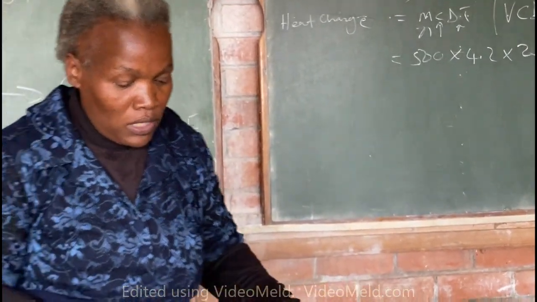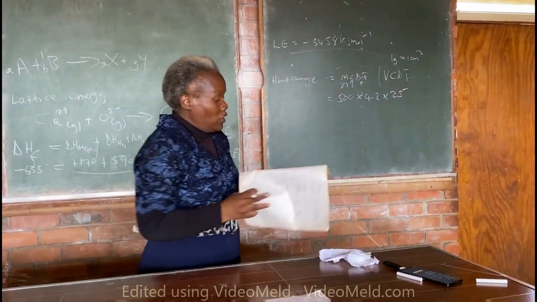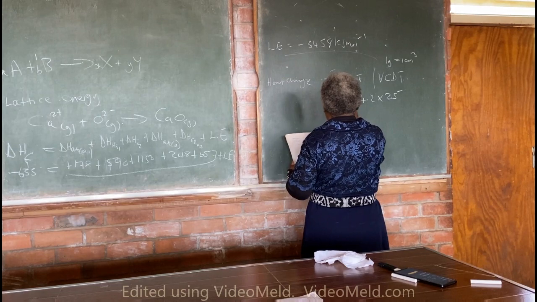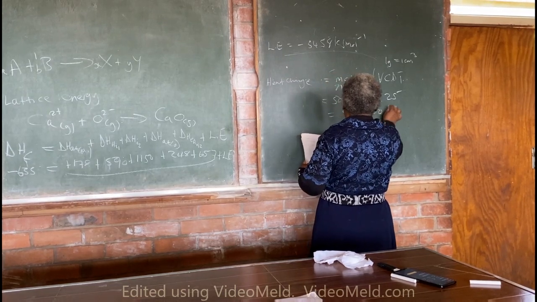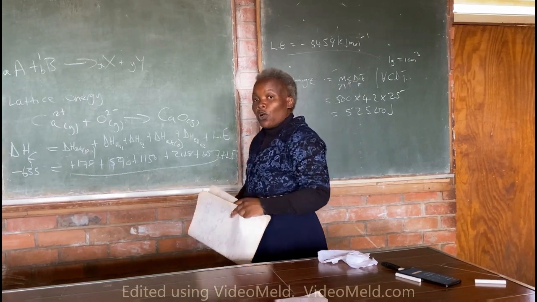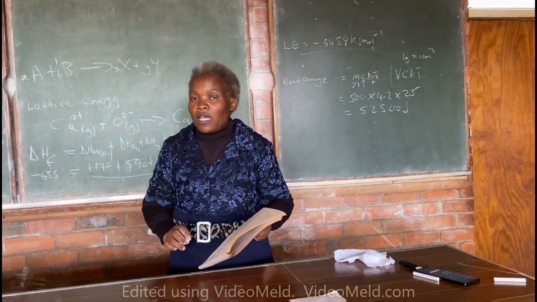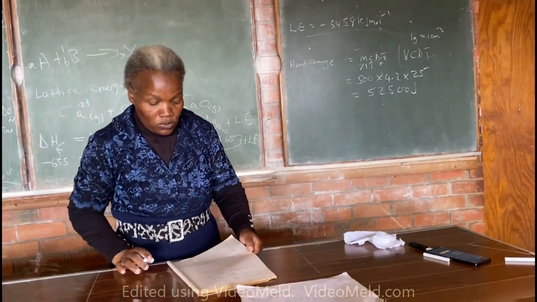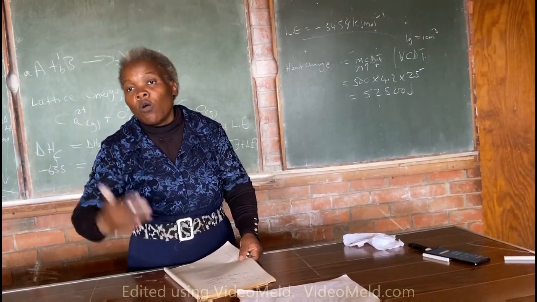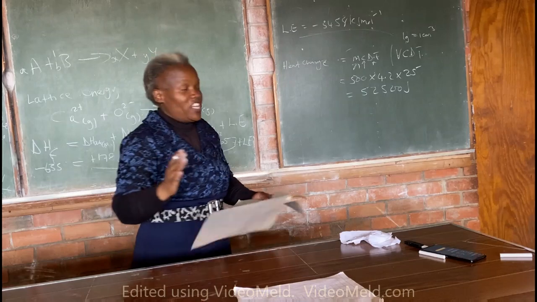And when we calculate this, the total heat change is equal to 52,500 joules. But let's remember, we are told that 26,000 joules will dissolve 1 mole of ammonium nitrate.